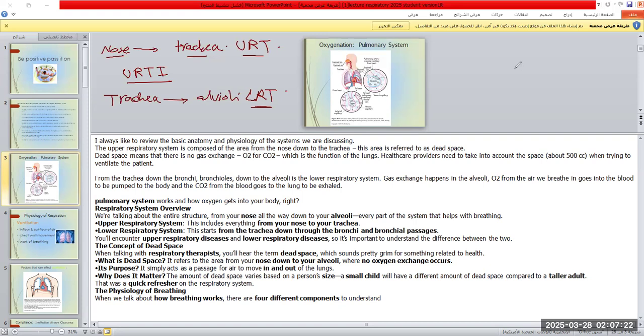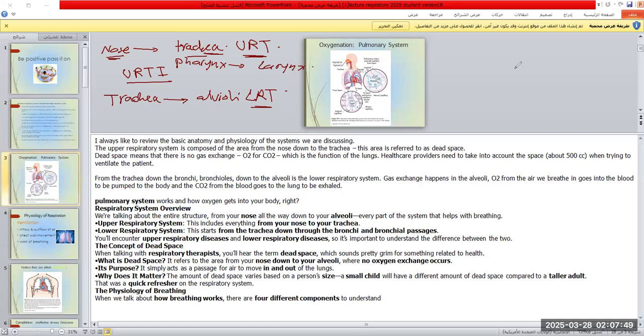So now the upper respiratory tract, nose to trachea. And this consists of the nose, pharynx, larynx, then trachea.